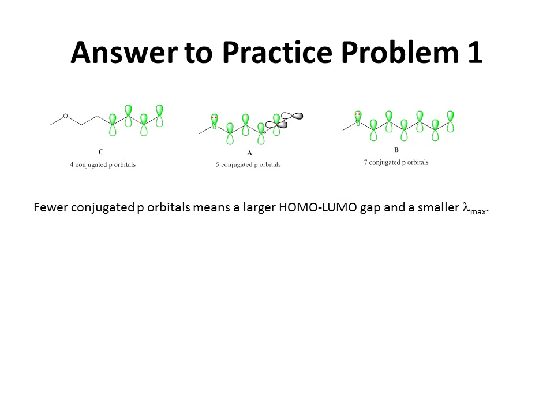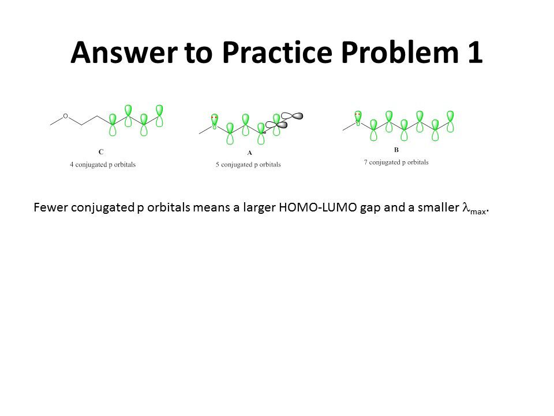Okay, what we're going to do is we're going to place all our p orbitals, that includes lone pairs, that are in conjugation and count them. We note that C has only 4 conjugated p orbitals, thus it should have the largest HOMO-LUMO gap and thus the smallest lambda max, so we put that on the far left.